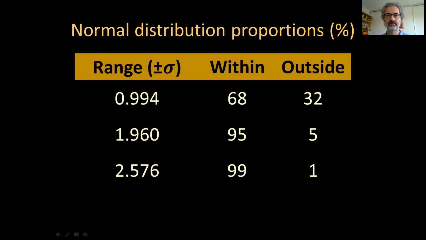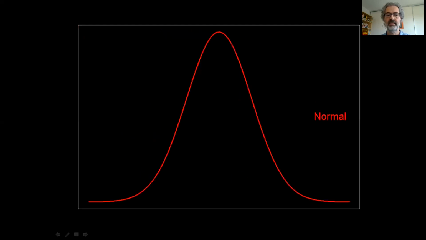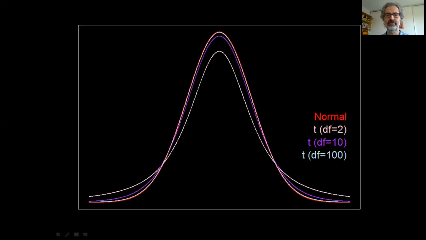Our t-value is not normally distributed because our estimate of the standard error includes an uncertainty in the computation of the standard deviation, which comes from the sample. So it is subject to uncertainty in the same way that the mean of the sample is. This means that instead of looking up the corresponding proportion in the normal curve, we have to look it up in a t-curve, which is very similar.